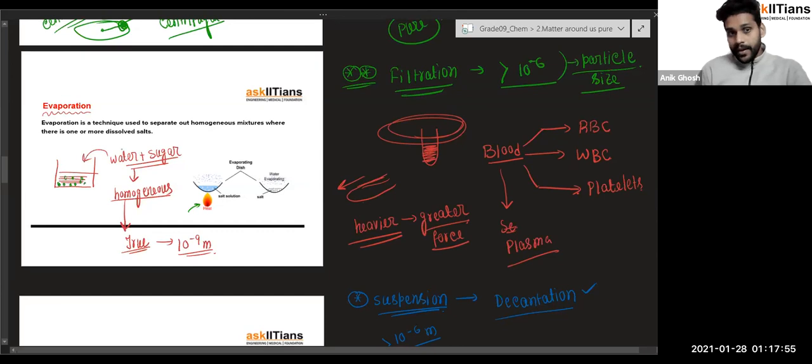As water has a boiling point of 100 degrees centigrade, and sugar has a larger boiling point than that, the water would get evaporated, isn't it? And when the water gets evaporated, the thing that would be there as a residue is the salt or the sugar, whatever you take.